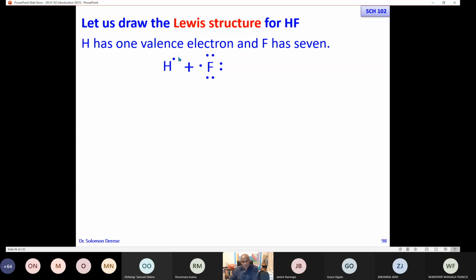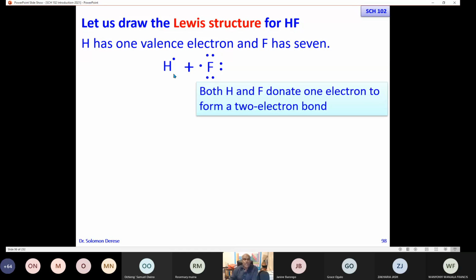So you bring 1 electron from the hydrogen and 1 electron from fluorine to form the covalent bond. Both hydrogen and fluorine will donate 1 electron to form a 2 electron bond. So this bond will form.